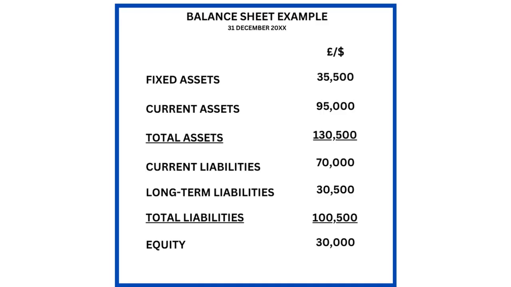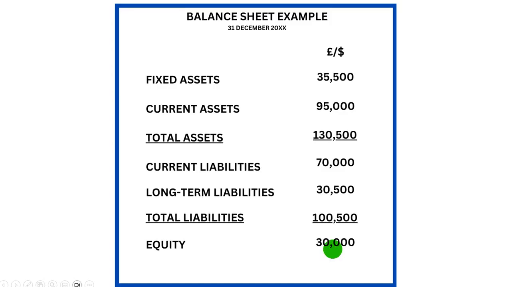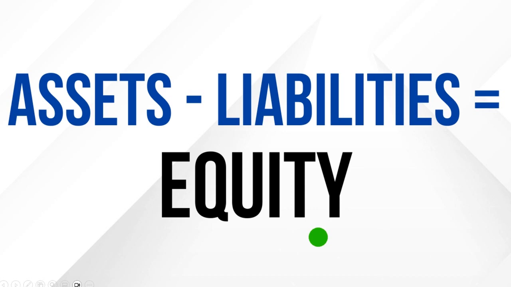So looking at a balance sheet again, but having a total for liabilities rather than adding the liabilities and equity together, just having a total liabilities. You'll see if we had the total assets and we minus the total liabilities, we get the equity. Okay, assets minus liabilities equals equity.